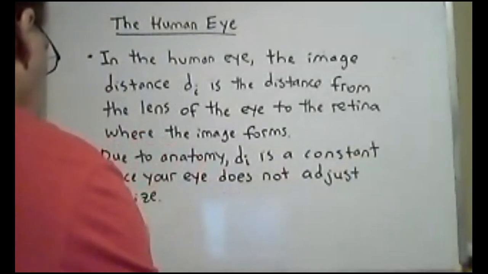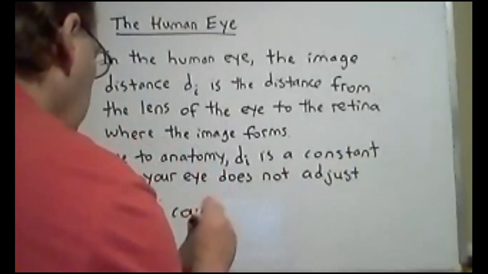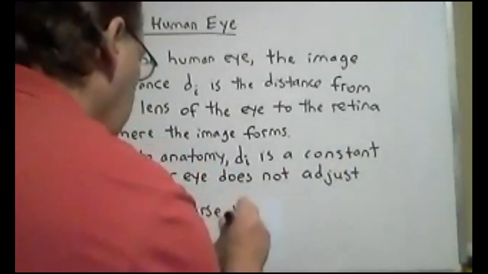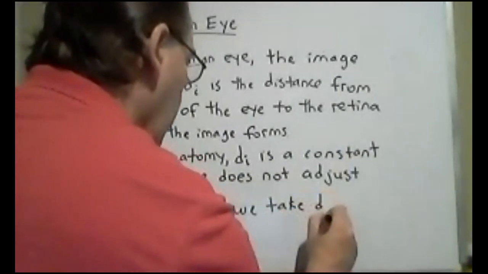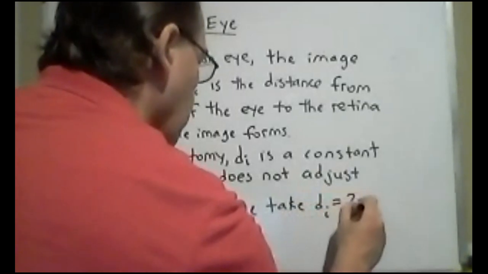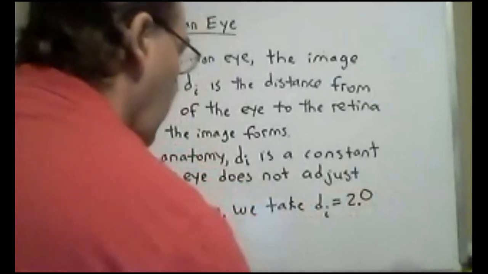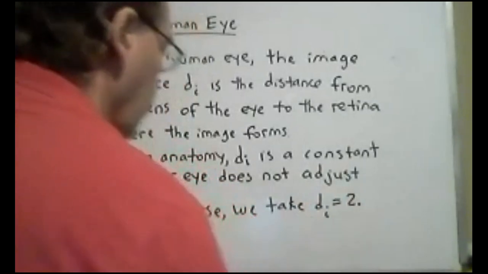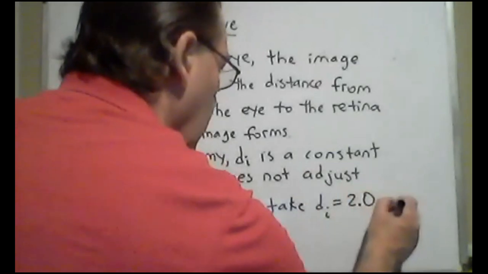So in this course, we take d sub i equal to 2 centimeters. Different people are different sizes, of course, but for the most part, that's a good number.